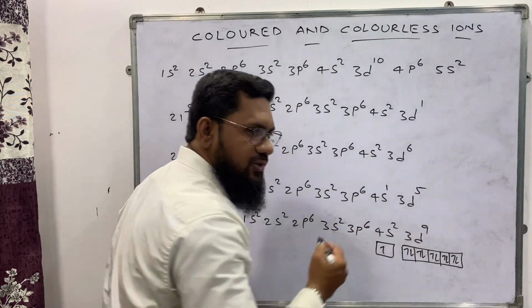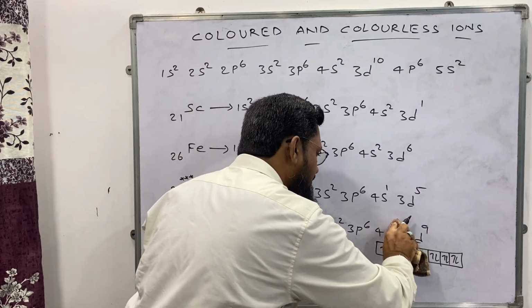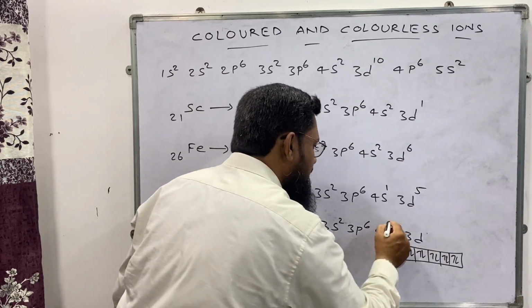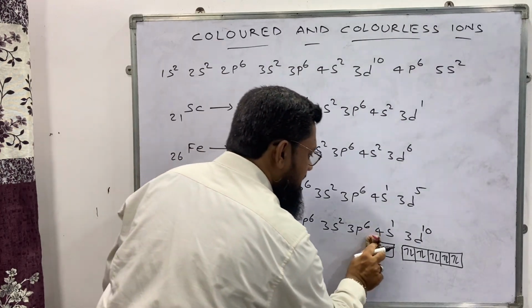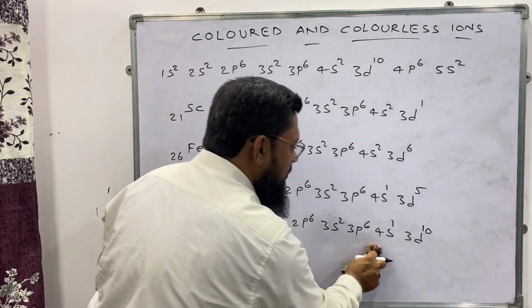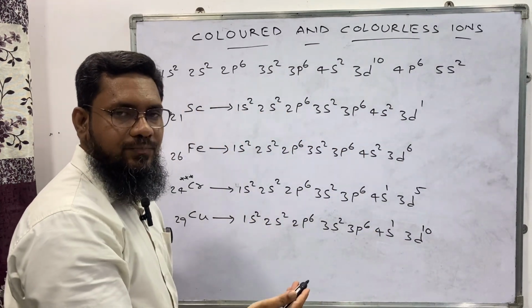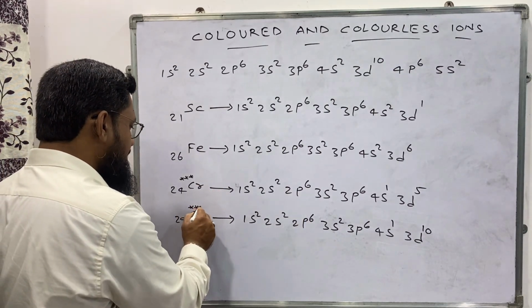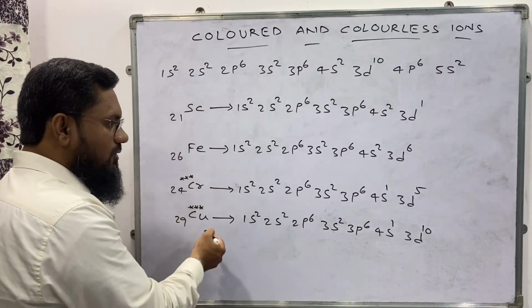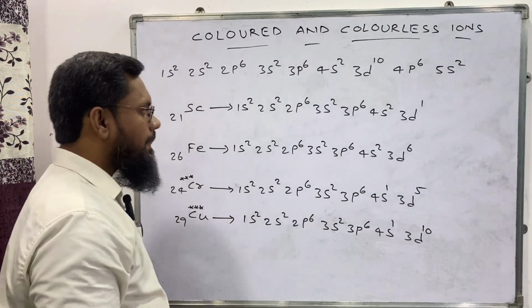It is a fully filled configuration, it is stable. So here the configuration changes to 4s1 3d10. So this is the configuration which is other than expected. That's why it is important. So chromium and copper, these two are important. These have the configuration other than expected.